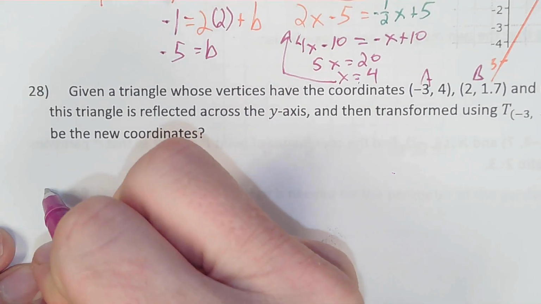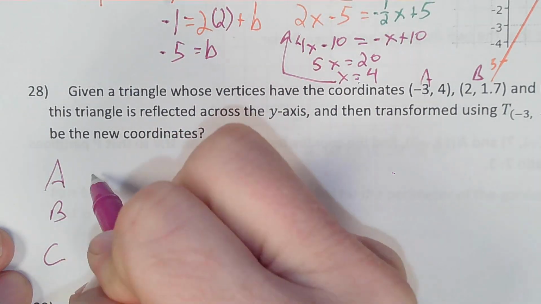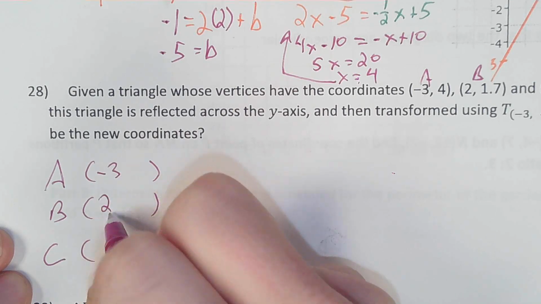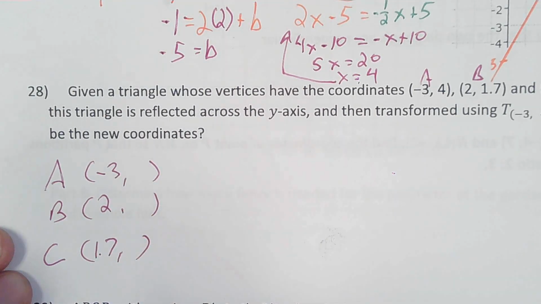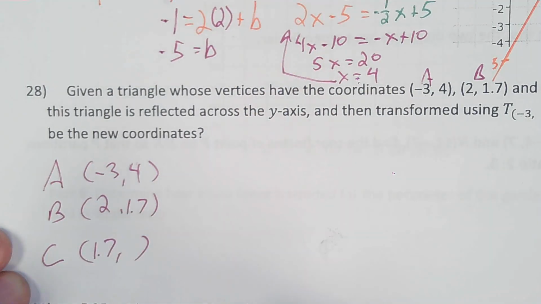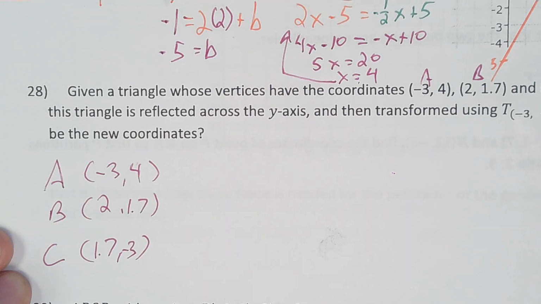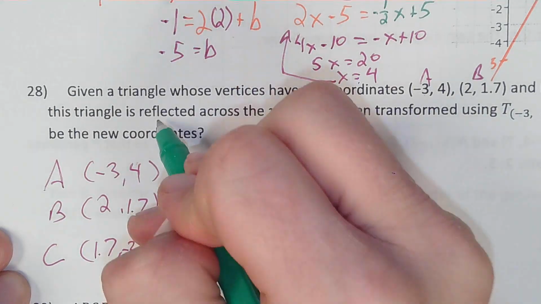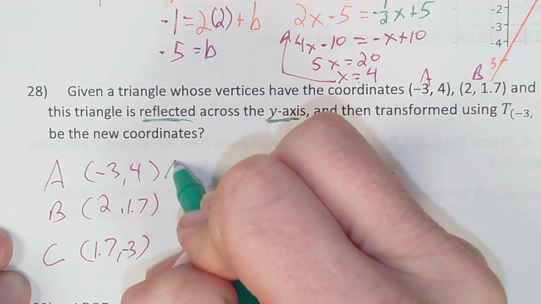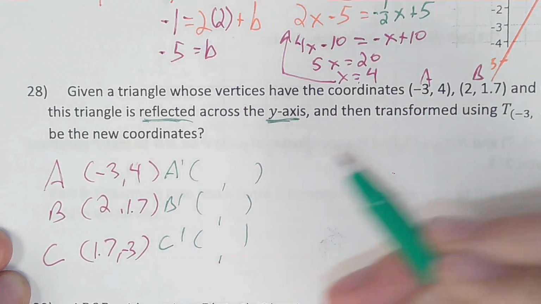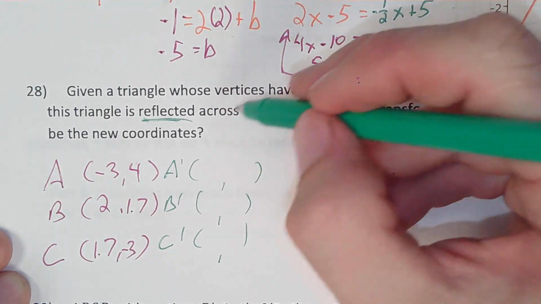So A, B, C are -3, 2, then 1.7, then 4, and -3. The triangle is reflected across the Y-axis, giving A prime, B prime, C prime.